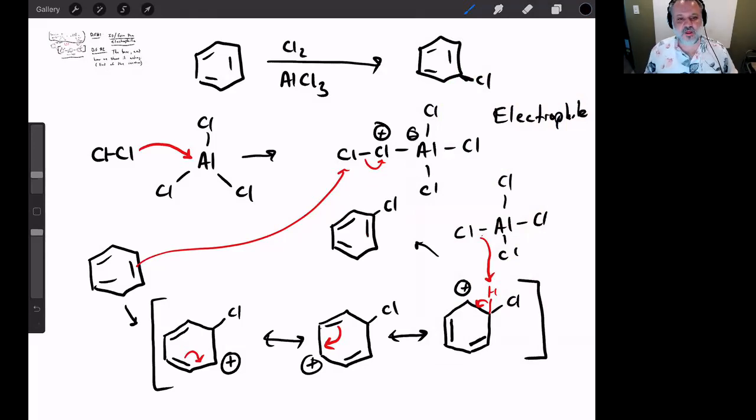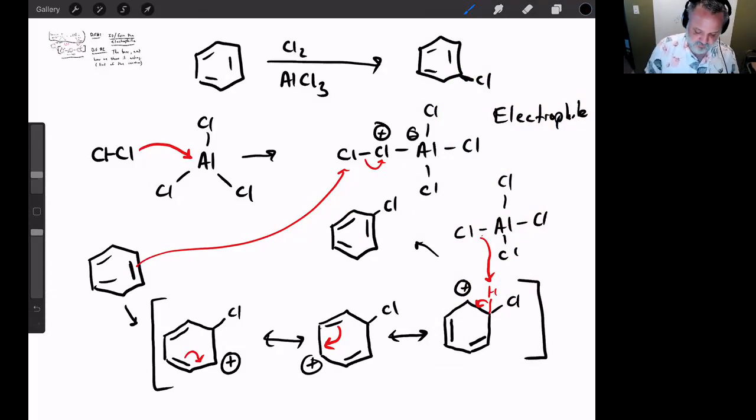Okay, so that's chlorination. What are the differences and what are the similarities? Well, the differences are that instead of iron tribromide, it's aluminum chloride, and instead of bromine, it's chlorine. But at the end of the day, we're forming the same type of electrophile in the same way with the same mechanistic moves. Once we've formed the electrophile, everything else happens the same way.